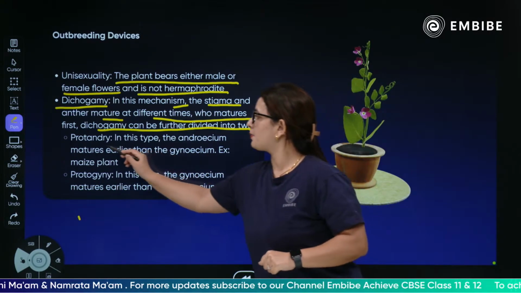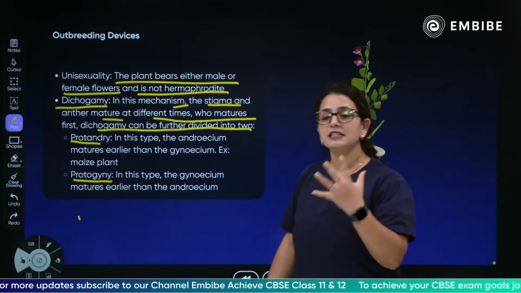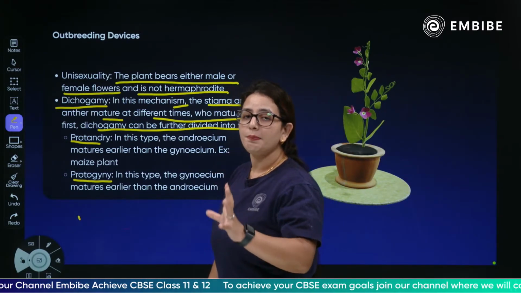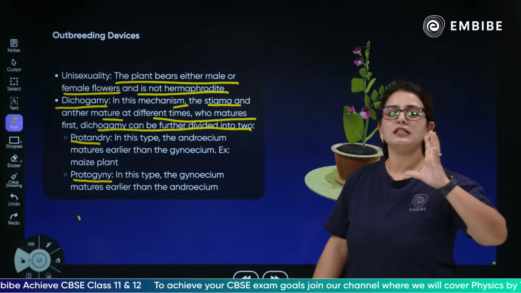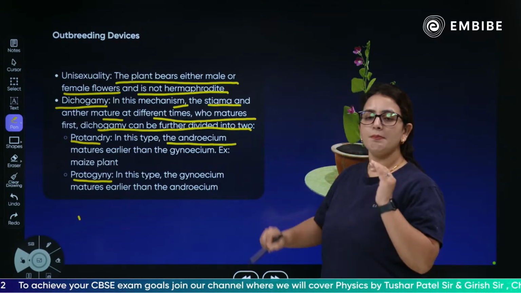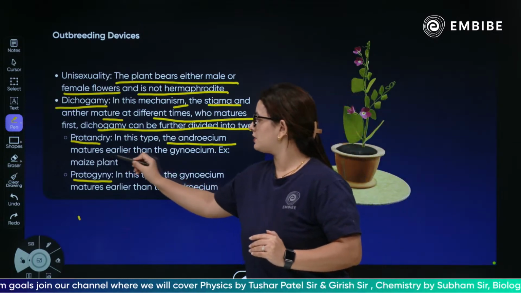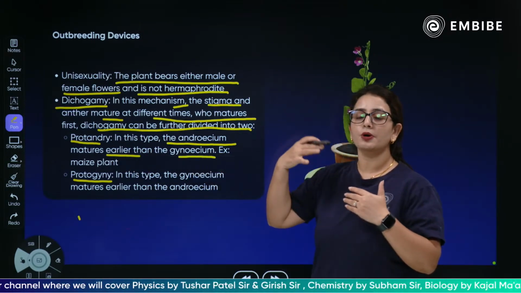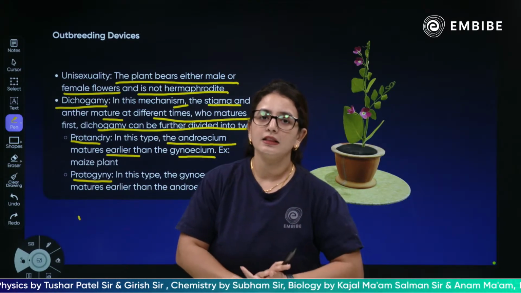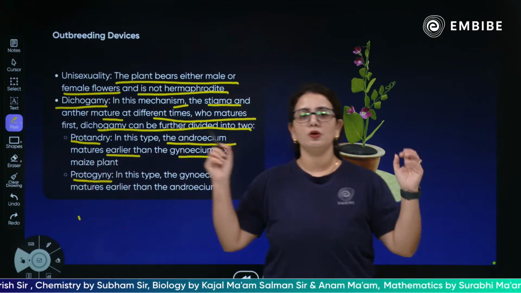On the basis of dichogamy, we have two categories. One is protandry, the other is protogyny. What is protandry? The name itself suggests it. First, the anther is maturing. The androecium, which is the male reproductive part, matures first, and the gynoecium matures at a later stage. The anther is maturing first, but the gynoecium is not ready to receive pollen grains.